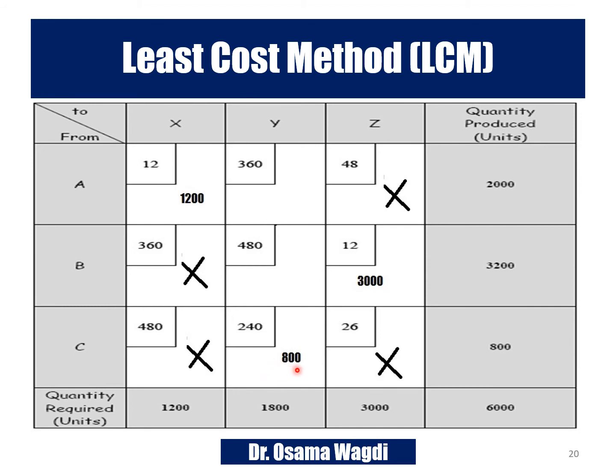So I will search for the next cell which contains the smallest number, or the least cost, which is 240. Then I'll make a comparison between this number and this number, and of course, like I said, we will choose the smallest one, the 800. Then when I subtract 800 from 1800, 1000 will remain.